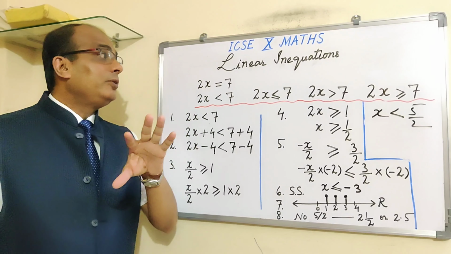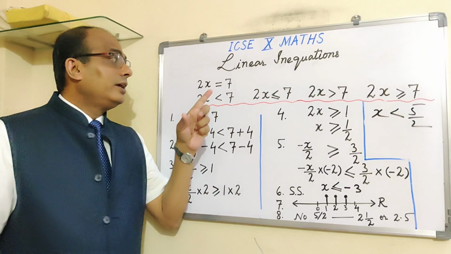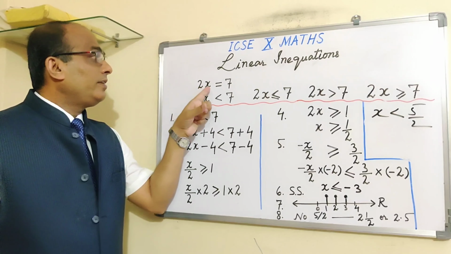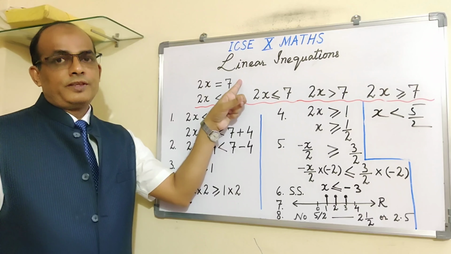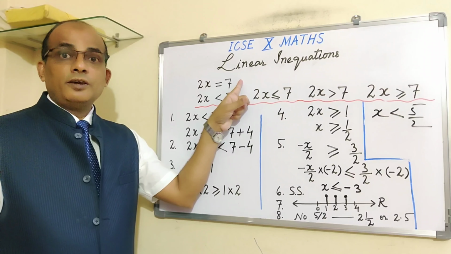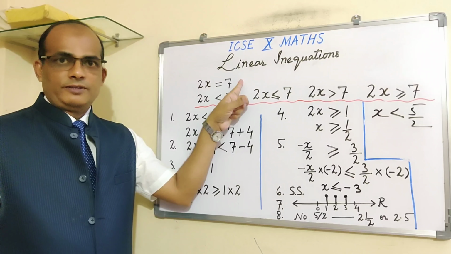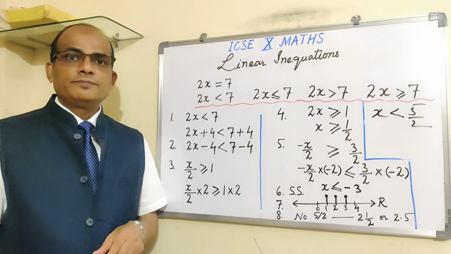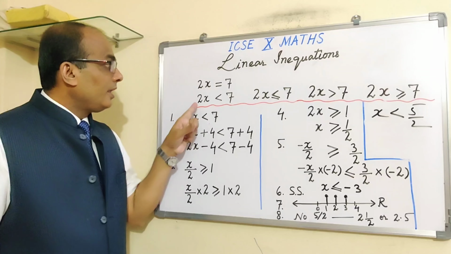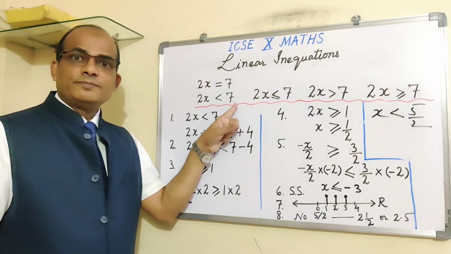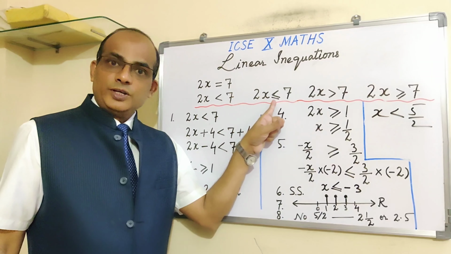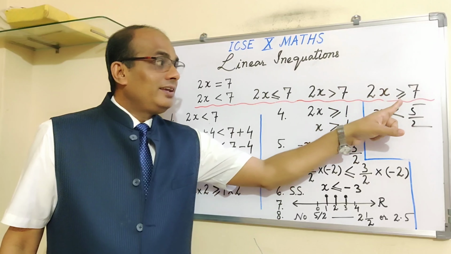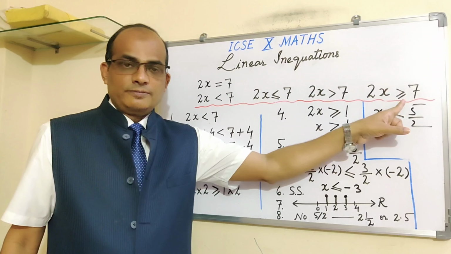First of all, let me tell you the difference between equation and inequation. 2x is equal to 7 I have written. This is an equation we are familiar with. 2x is less than 7, 2x is less than or equal to 7, 2x is greater than 7, 2x is greater than or equal to 7.